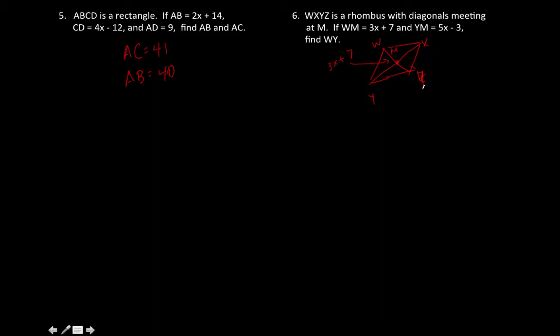Oh, weird, I wrote this backwards. WX, YZ. Okay, WM, YM is 5x minus 3, and we want to find WY. Okay, well, we know these two are equal because the diagonals bisect each other because it's a parallelogram.